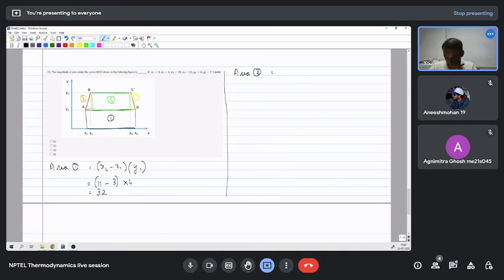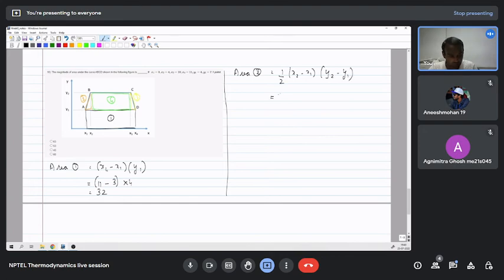Now area 2, we have half into x2 minus x1 for the length of the bottom side, and then we have y2 minus y1.